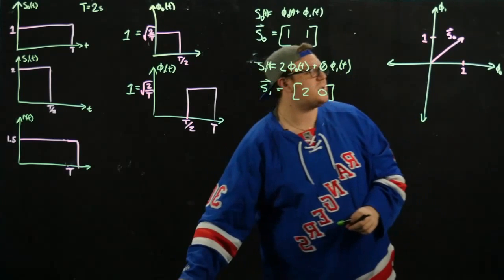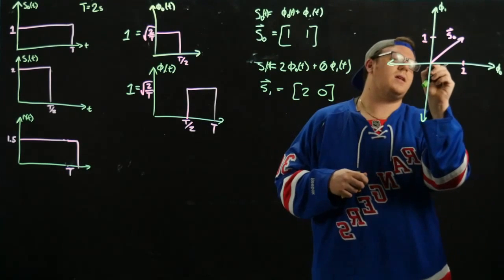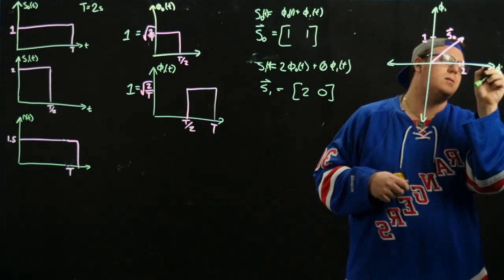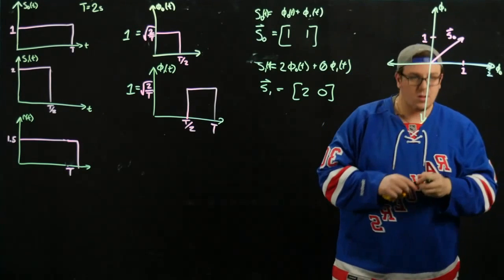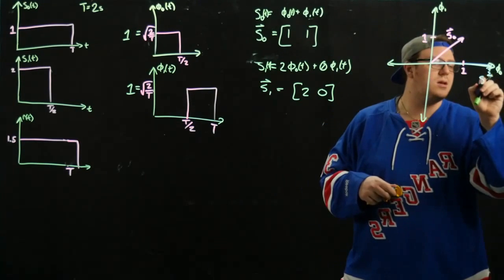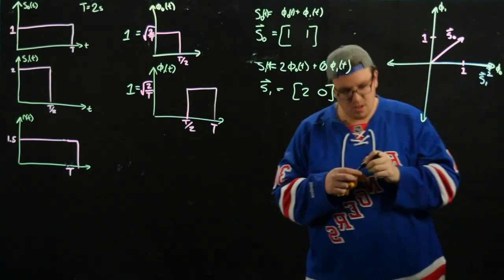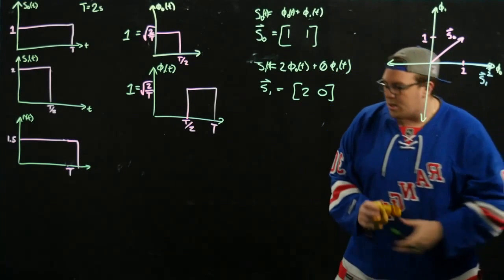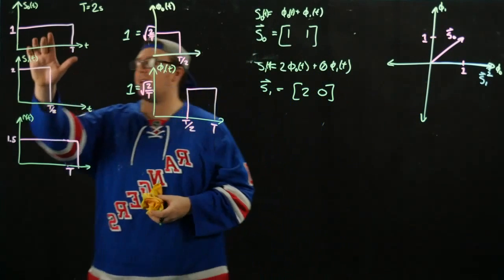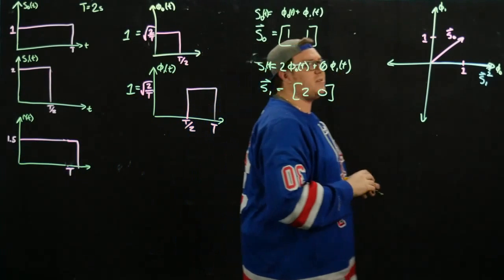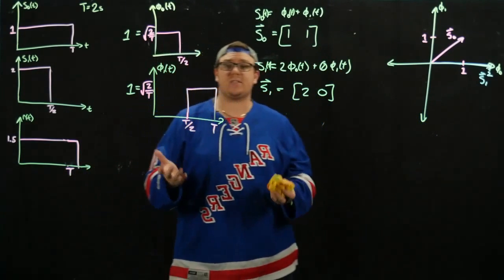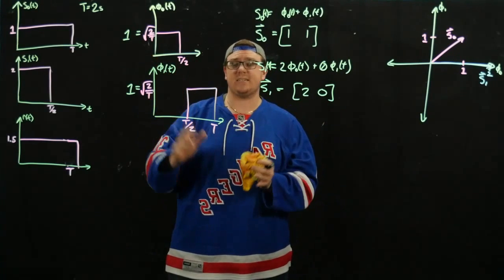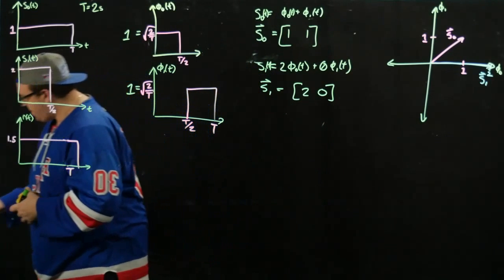Putting that into signal space, we end up with something like this, where out here is 2. So this is S1. So we now have our base signals, what was sent, mapped into signal space. So now let's map what we have here, and then we can start doing our distance calculation.